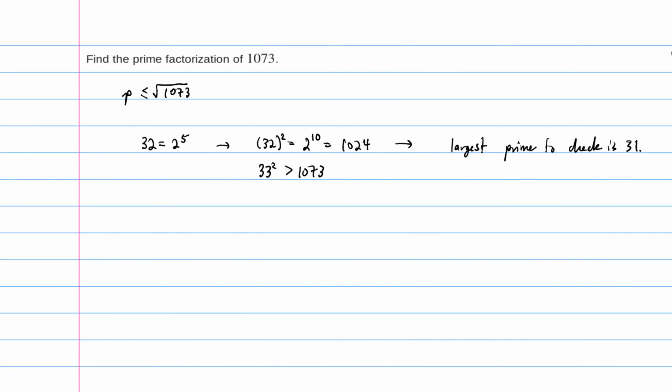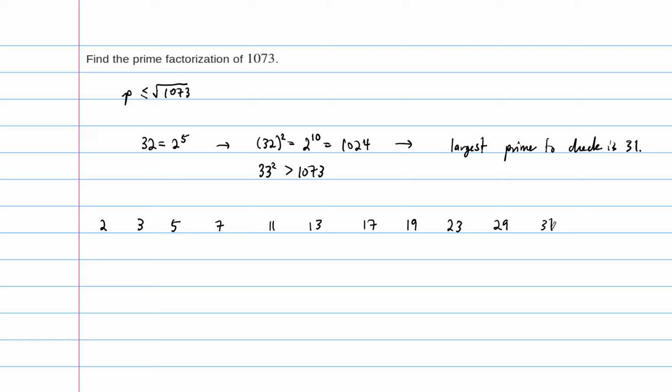So let's make a list of all the primes less than or equal to 31, and then we can start checking them. The checking is just an exhaustive thing, right? So the primes are 2, 3, 5, 7, 11, 13, 17, 19, 23, and then 29, sorry, almost missed one, and then 31.